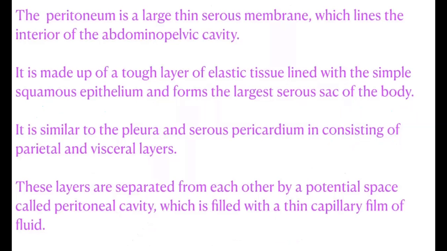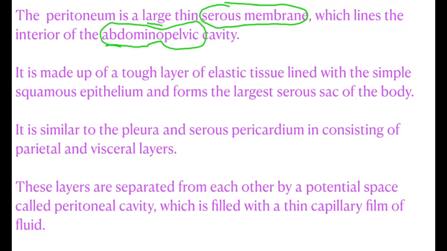Peritoneum is a large, thin serous membrane which lines the interior of the abdominopelvic cavity. Observe the word abdominopelvic. It's made up of a tough layer of elastic tissue lined with simple squamous epithelium and forms the largest serous sac of the body.